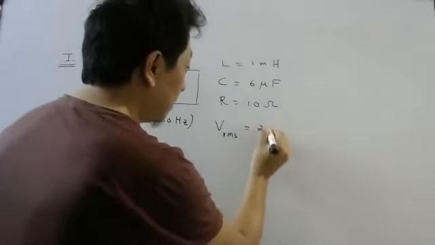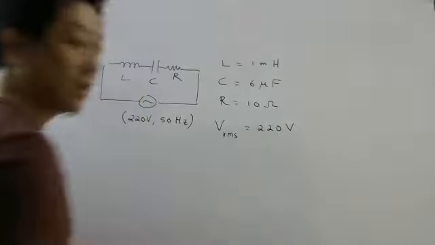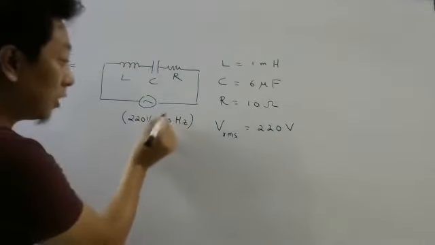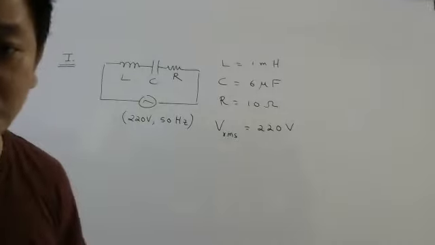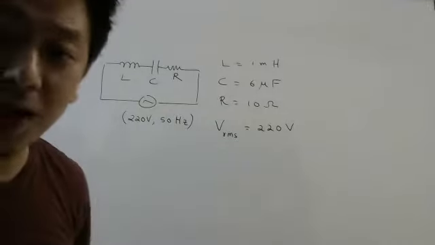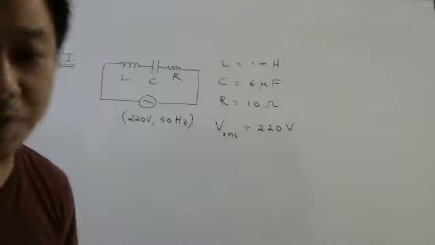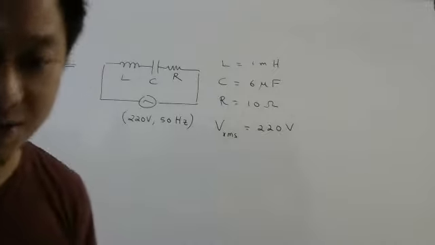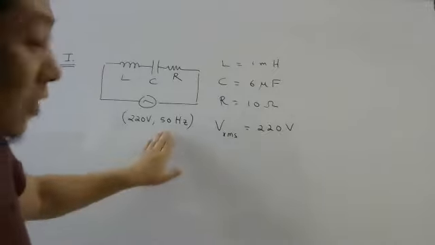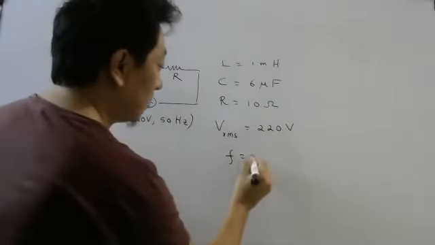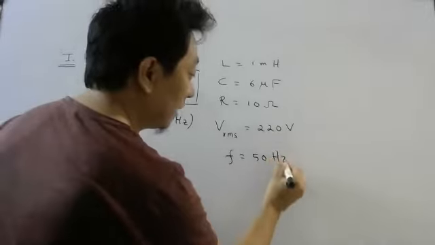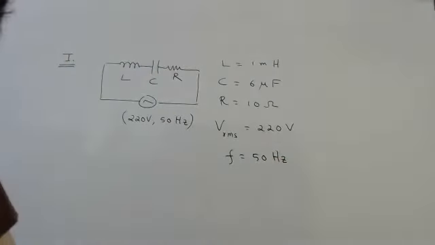So VRMS is 220 volt, and this is your frequency or angular frequency, F or omega. It is F. Omega will be in radian per second, frequency will be in hertz. So frequency is 50 hertz. Nisarga, be careful about this.